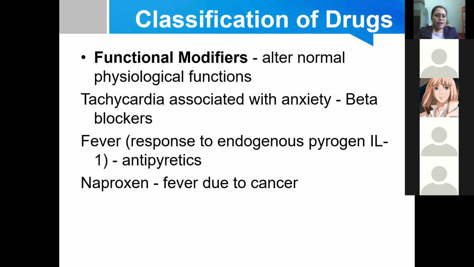Let me write sa chat class what do you mean by IL. IL-1 is the interleukin 1. It's an endogenous pyrogen, meaning we really release this inside our body, the interleukin 1. And it will cause regulation of the body temperature.